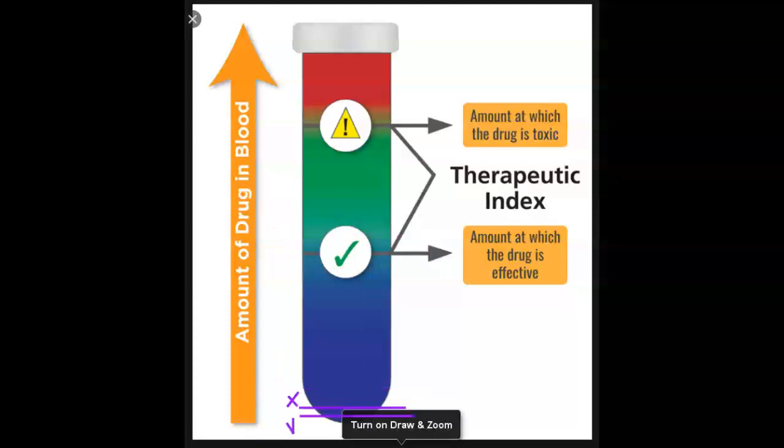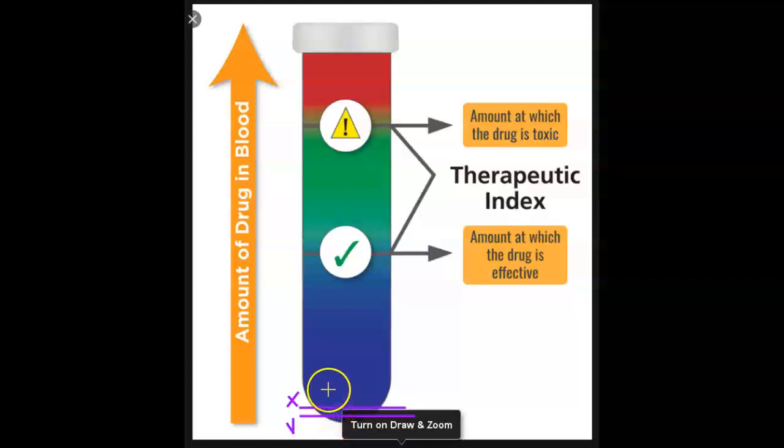Now we'll look at a medication with a low therapeutic index. So this medication has a therapeutic index of 0.8 to 2. So here's 0.8 and here's 2, right? So just like the other one, anything below 0.8, there's not enough medication to exert its effect to be therapeutic for the patient.